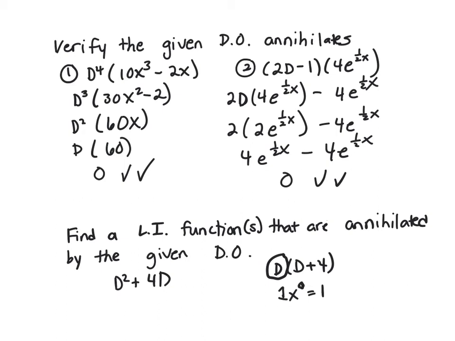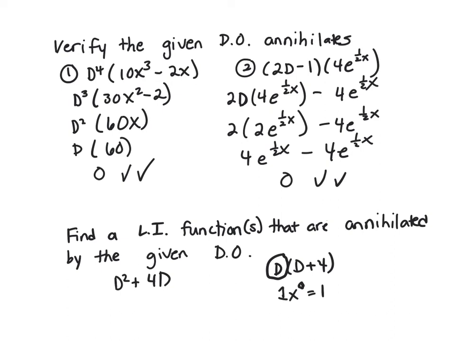Where does D plus 4 come from? That makes me think of your 3 operator patterns, going back to the first video, and that makes me think of D minus alpha to the n. So D plus 4, where did that come from? That was the second case, and you had to have e's involved.